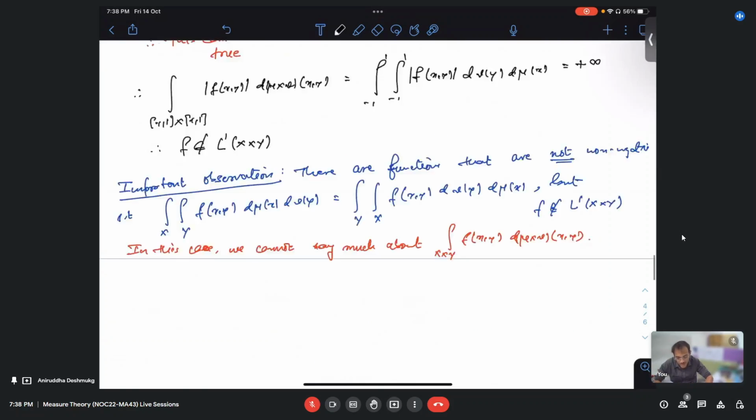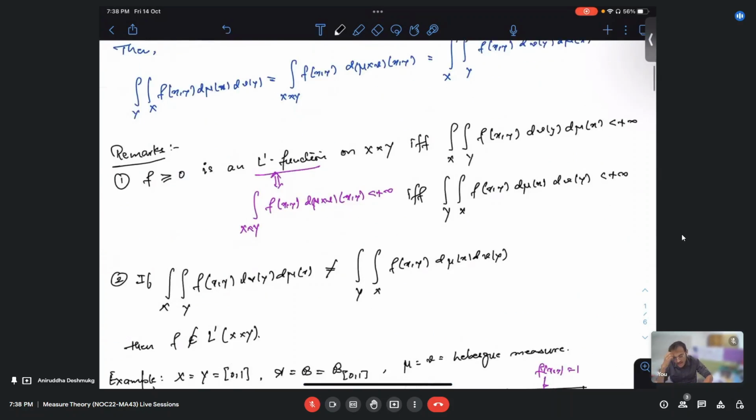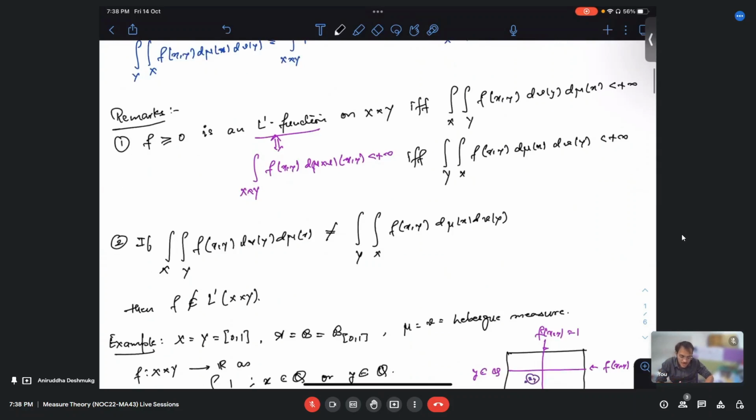So why are we doing all this? Because there are some important remarks that I made. That if something is non-negative, then it is an L1 function if and only if one of the two iterated integrals is finite. And if the iterated integrals are not finite, then f is definitely not L1. Right?